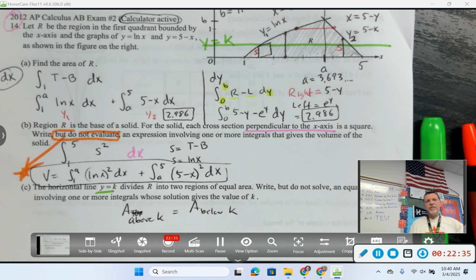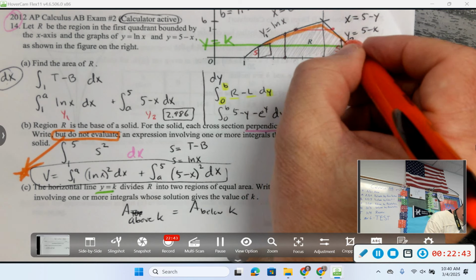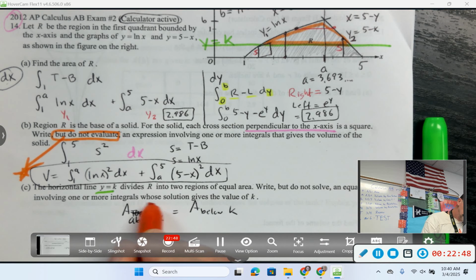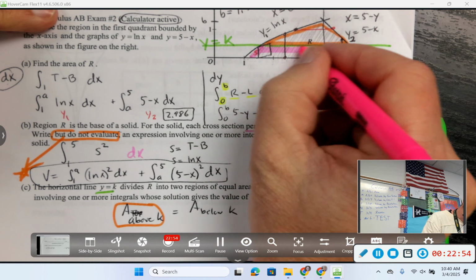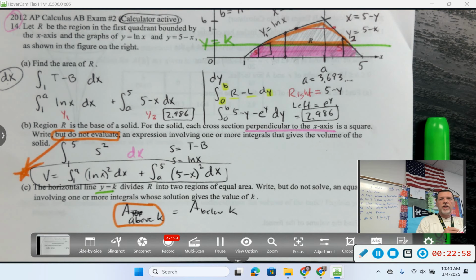So I'm going to write it as the area above k equals the area below k. So the area above k and the area below k.